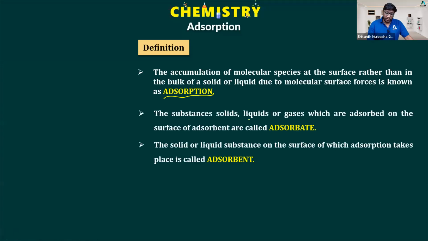The substances, solids, liquids, or gases which are adsorbed on the surface of adsorbents are called adsorbate. The solid or liquid substance on the surface of which adsorption takes place is said to be the adsorbent.